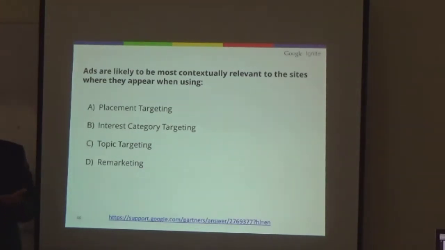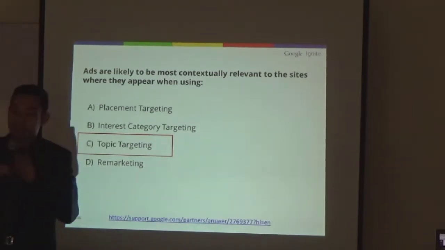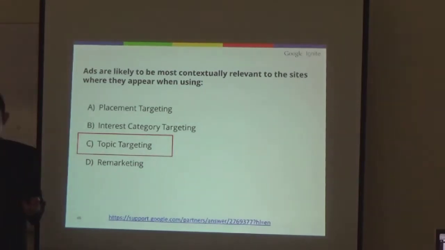You are targeting an audience that previously visited your site or did something on your site and left. You show these people who leave the site your ads again and again for X amount of time using cookies. So it's about topic targeting. We are finding the most contextually relevant sites, then you show your ads. There's a link there on your notes. You can click and read more about those topics.